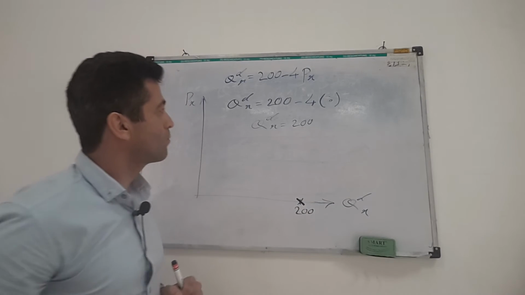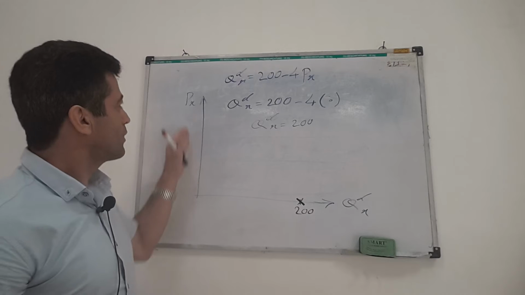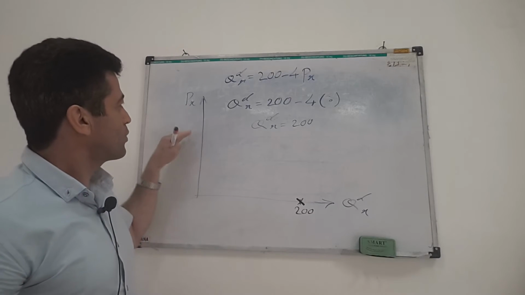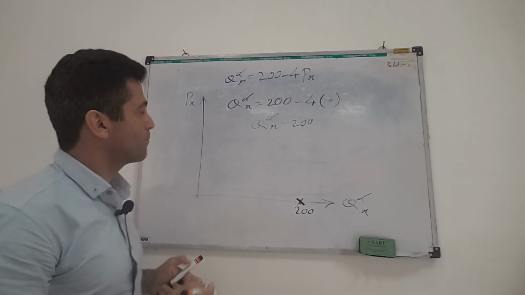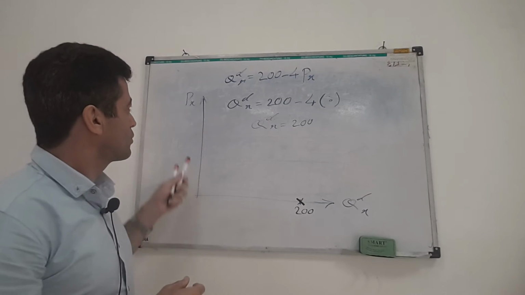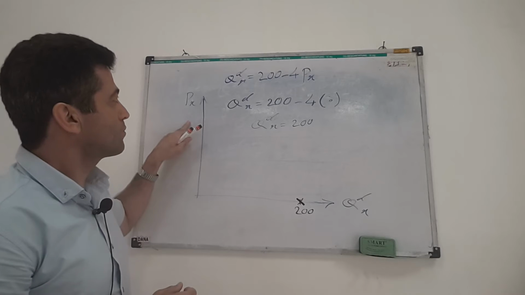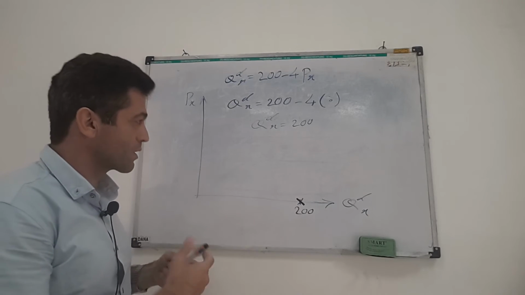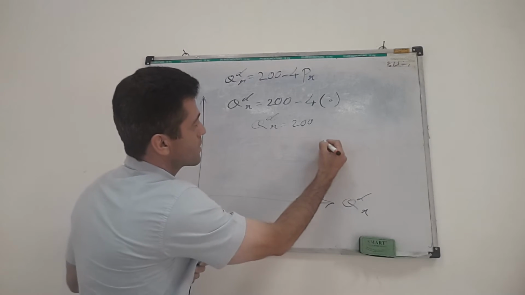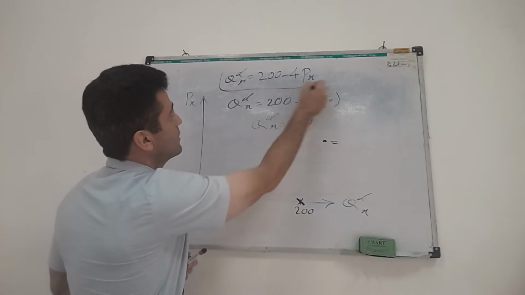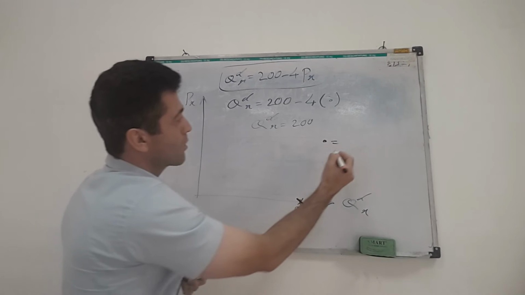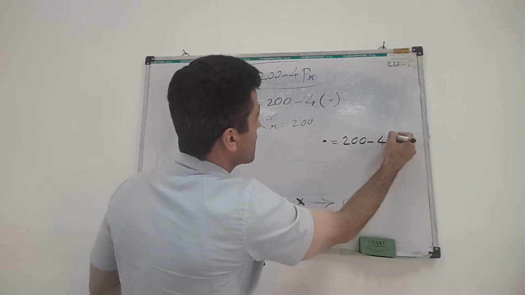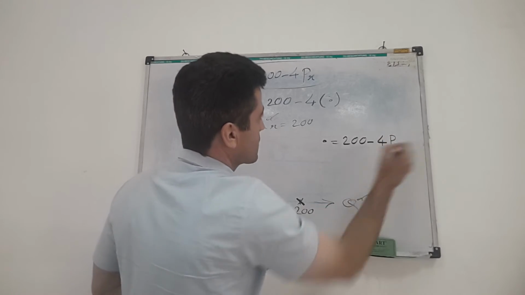This point. And now I want to find the intercept for P, or the vertical axis. To find the intercept for P, we can consider quantity of demand equals 0. So 0 equals 200 minus 4 times Px.